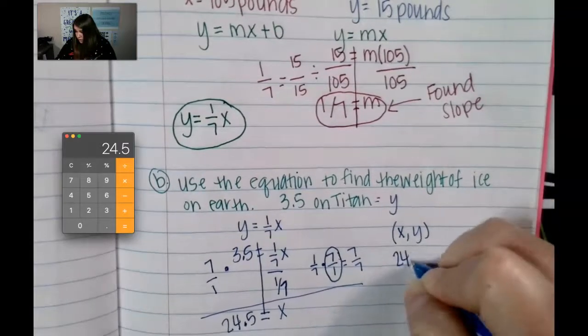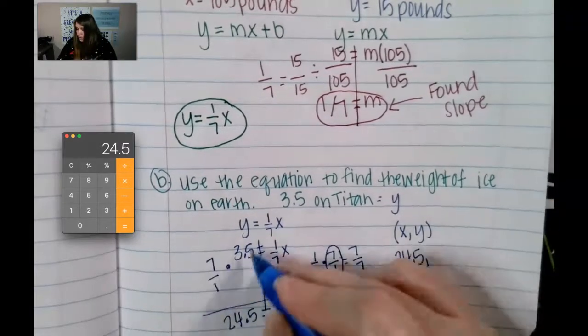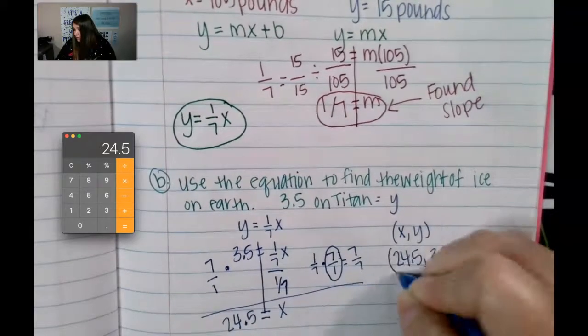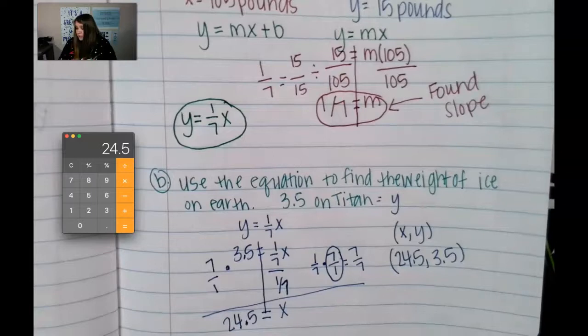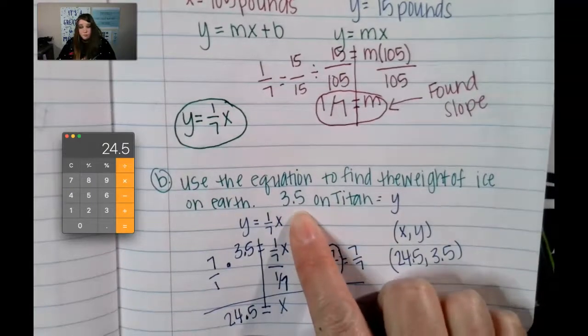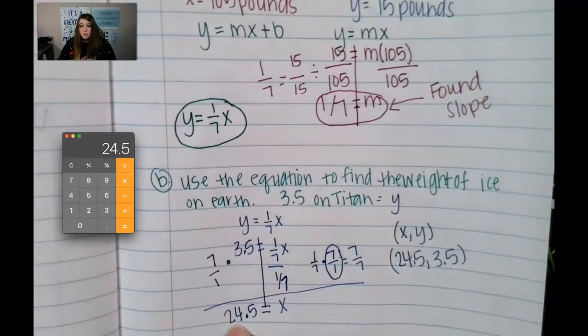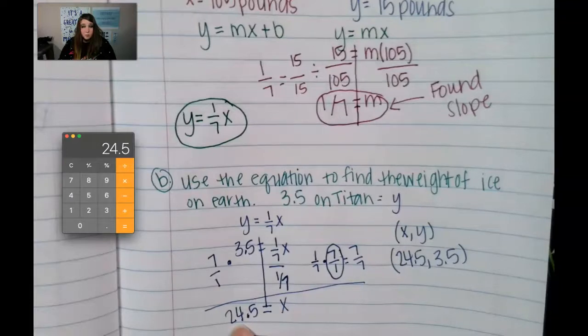So I could take our x value of 24.5 and our y value, which is 3.5, and I could graph this. So when there's a chunk of ice on Titan and it weighs 3.5 pounds, on Earth that same exact chunk is going to weigh 24.5.